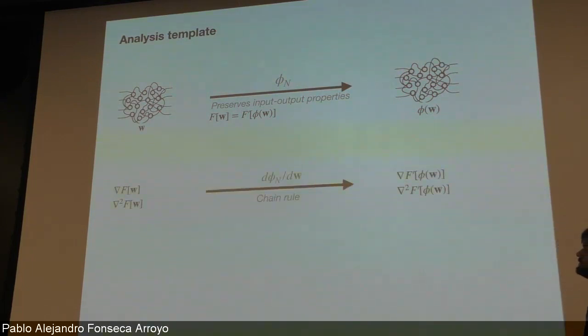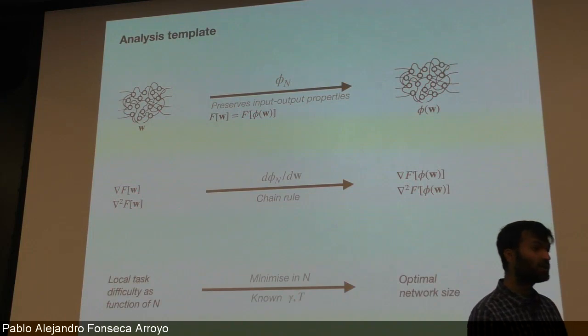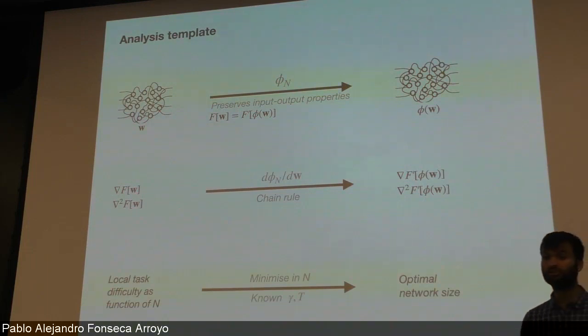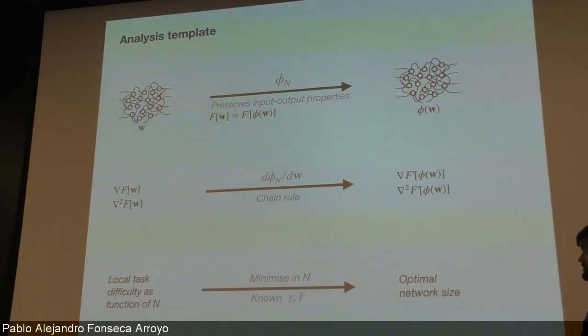Now, given values for the gradient and the Hessian, I can just propagate them through phi using the chain rule to see how the gradient and the Hessian of this one look. And from that, I can see how the local task difficulty, that thing I constructed, changes.